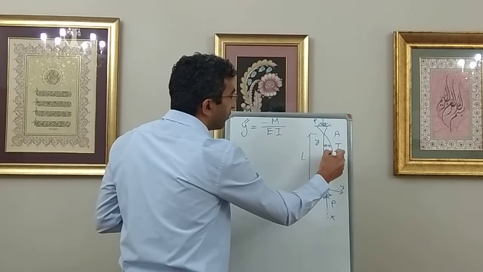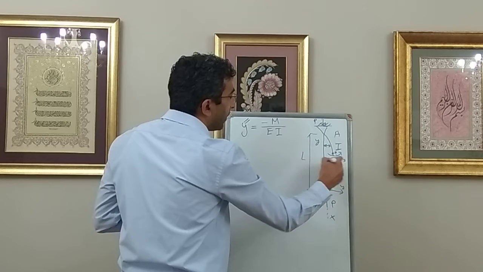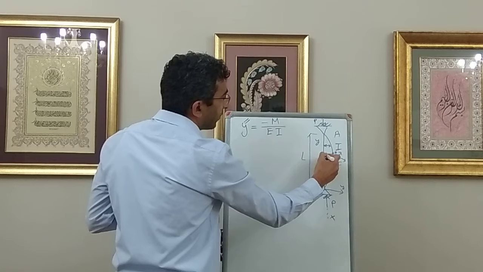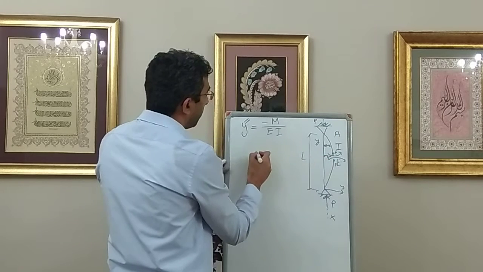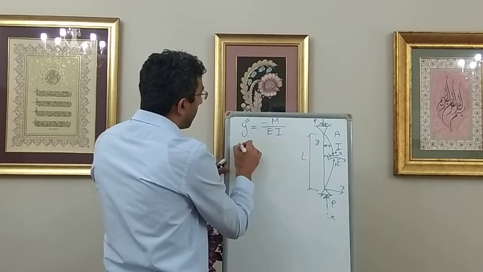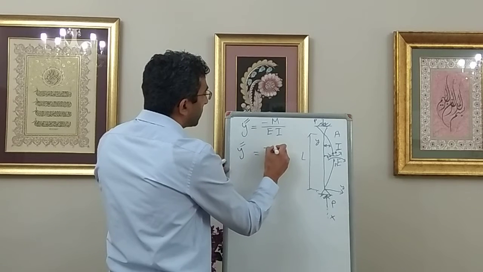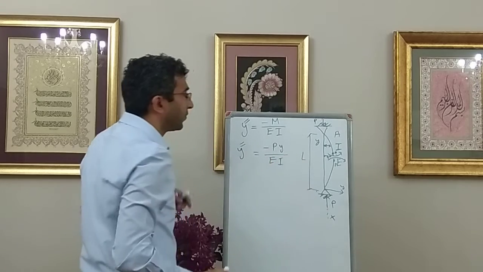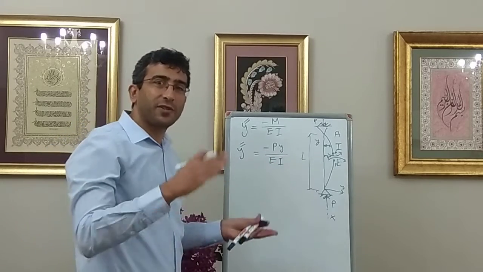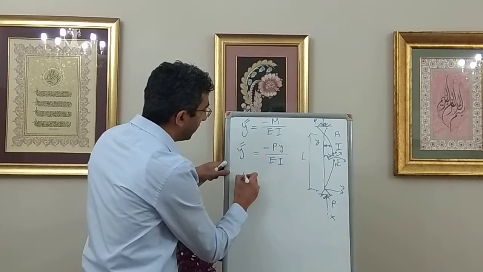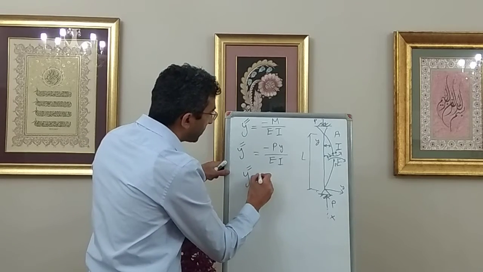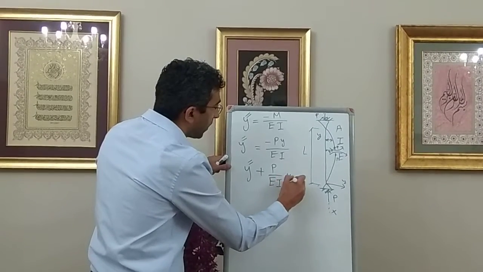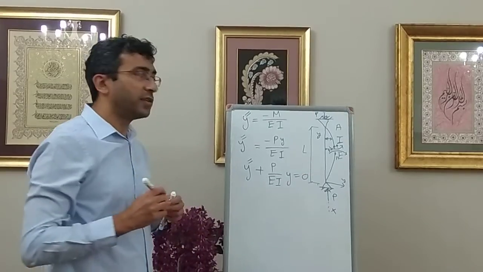Of course, there is axial force P here. This moment is equal to P times y. So you will have y double prime equal to minus P times y divided by EI. Okay? So if you take this to the other side, I will have y double prime plus P over EI times y is equal to 0.